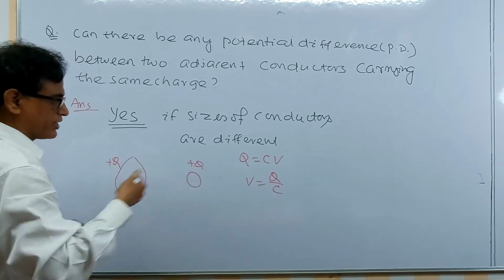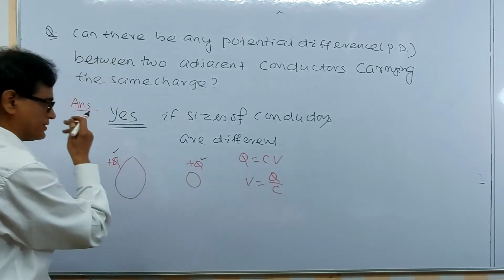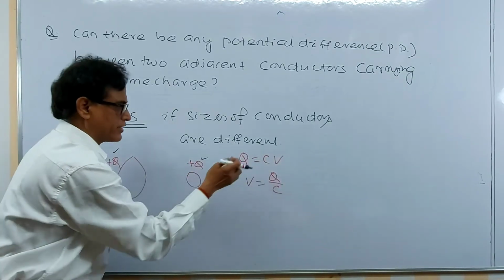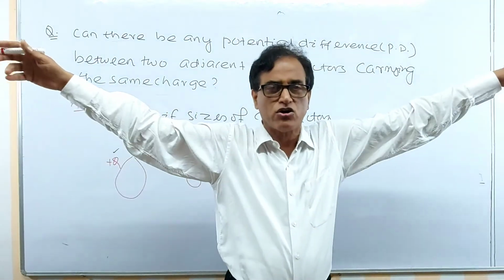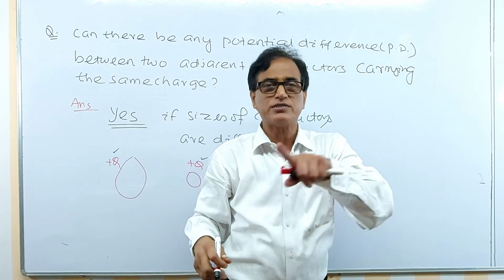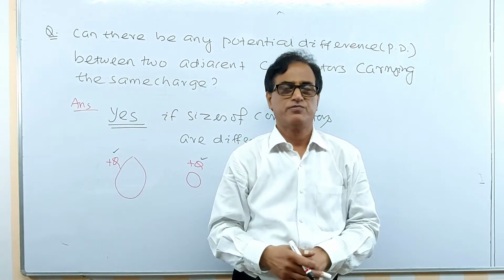Here Q remains constant in both cases, but the capacitance of a larger size conductor is more than the capacitance of a smaller size conductor.